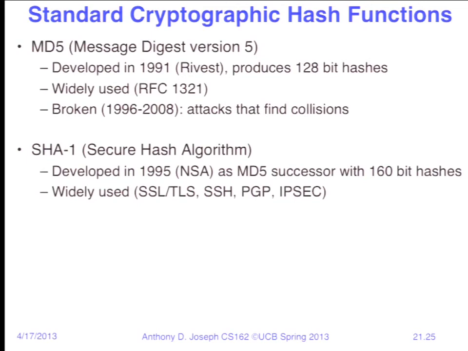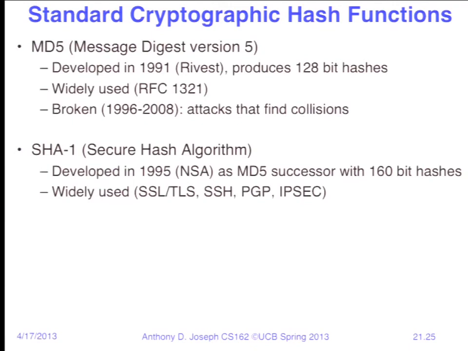Right? So now you've made the space much larger, from 2 to the 128 to 2 to the 160, and it was very widely used in the secure socket layer, SSH, PGP for email and document communication, and IPsec, which is a virtual private network tunneling protocol, also used SHA-1.